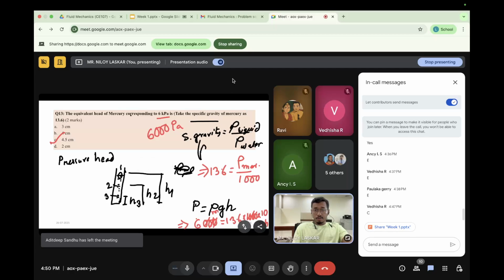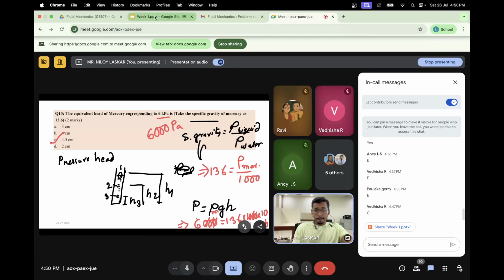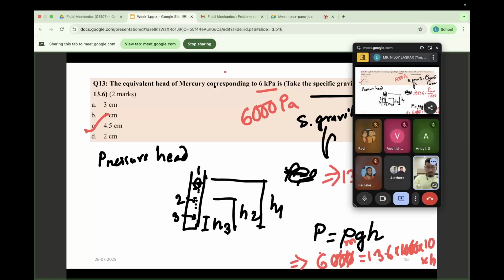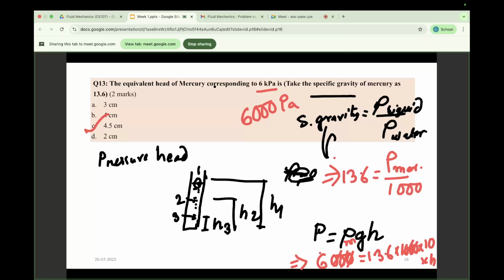So is it clear to everyone? You understand the term: the equivalent head of mercury means the height equivalent to a specific pressure.